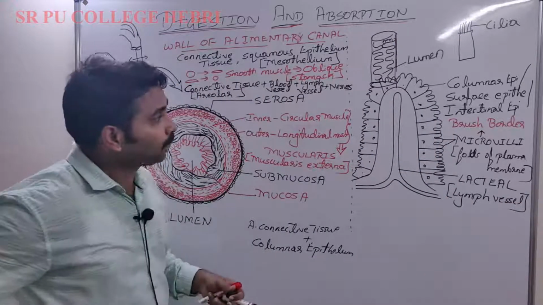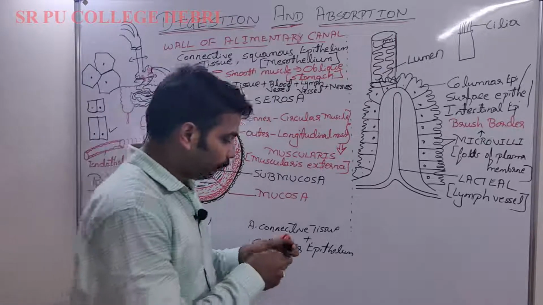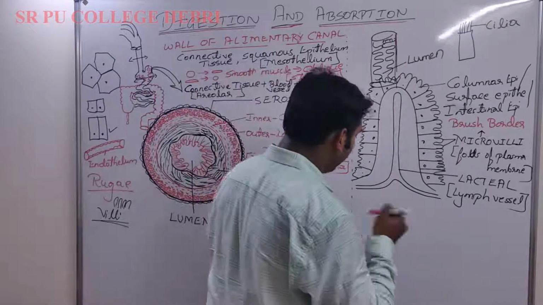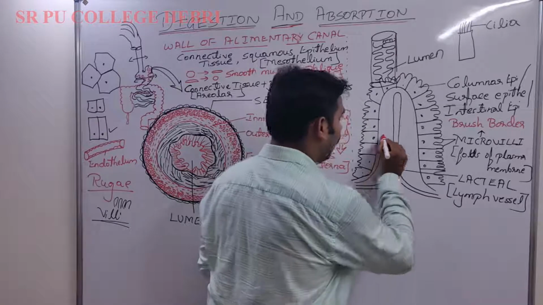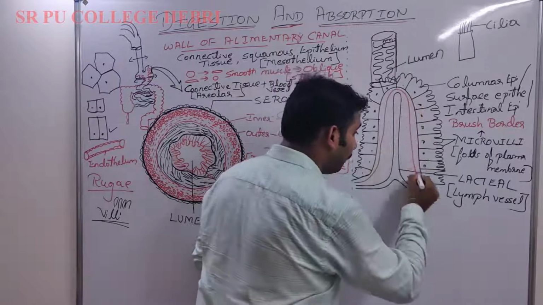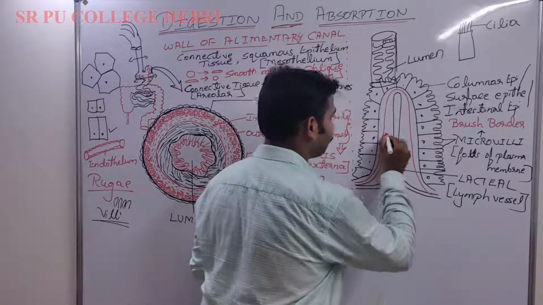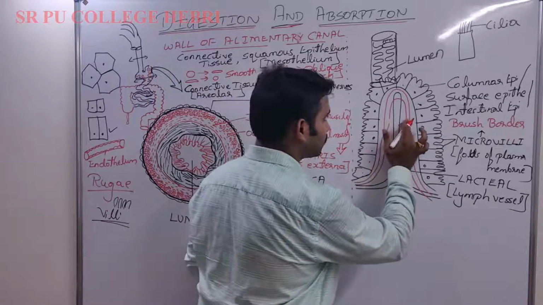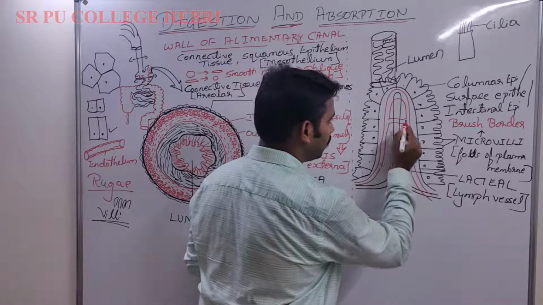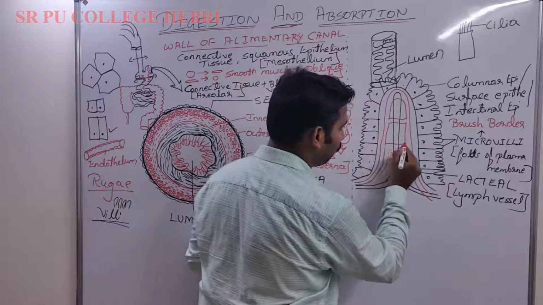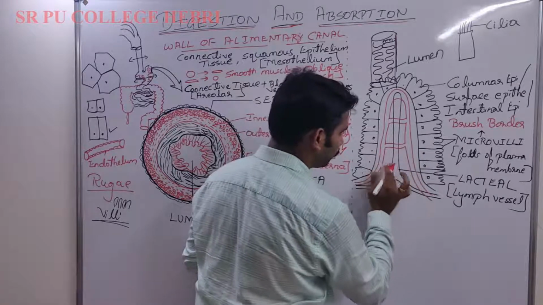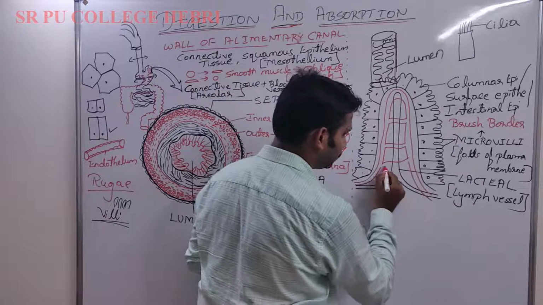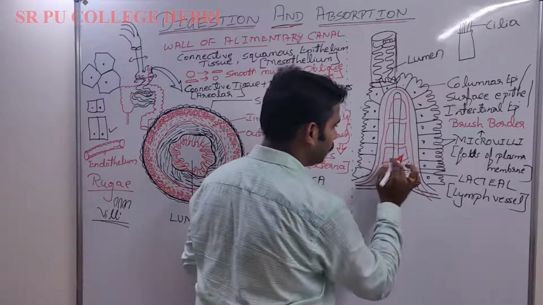Along with that, inside the villi, you will also find a large number of blood vessels. Look here. Which vessel? Blood vessel. They form a network of blood vessels. Visible? These are all which vessel? Blood vessel.